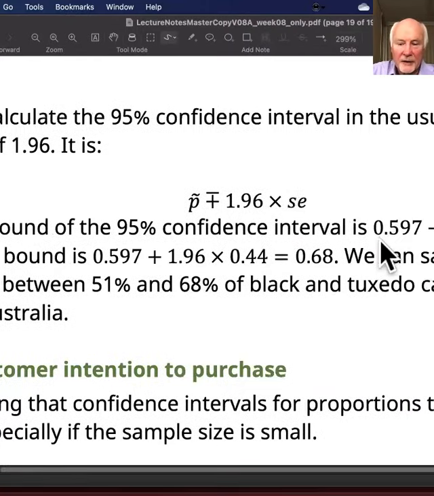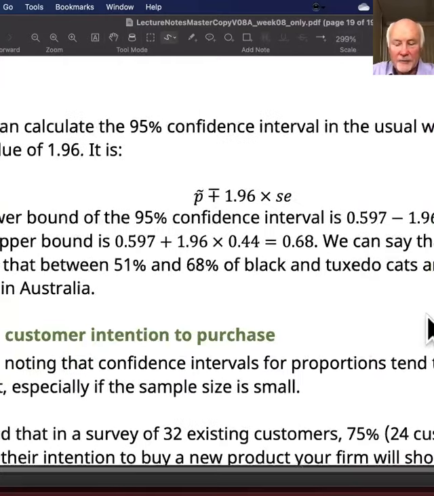If you work that out, we can say that we are 95% confident that the proportion of predominantly black cats that are rehomed in Australia is between 51% and 68%. Remember, the original proportion was 0.6. The adjusted confidence interval is between 51%, 0.51, and 68%, 0.68.